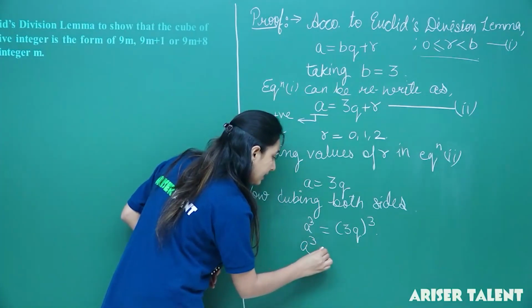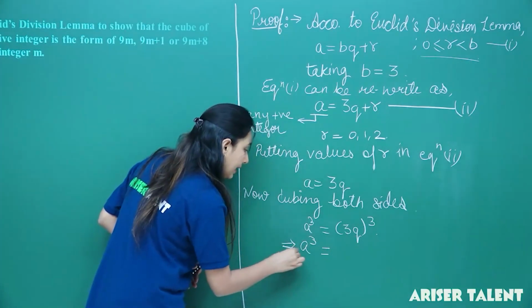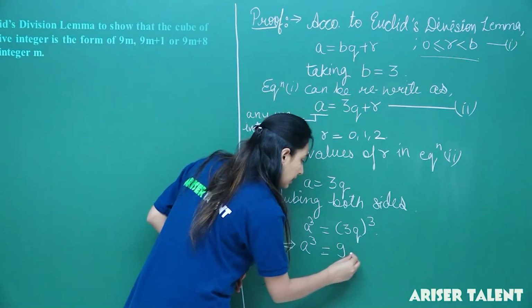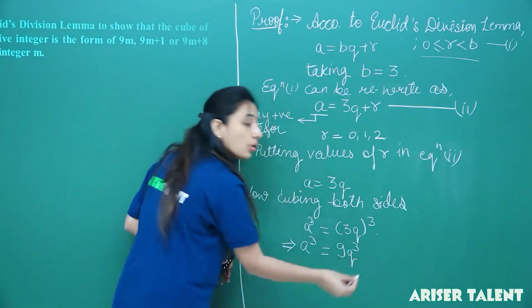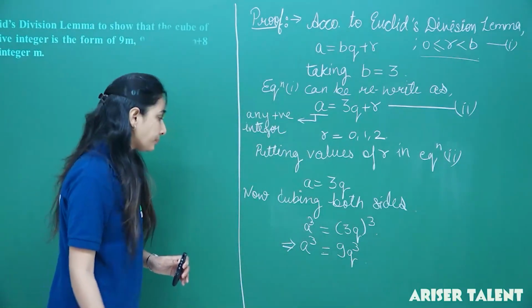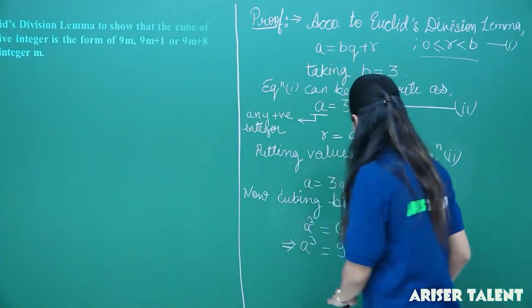It can be rewritten as, implies that a cube equals 27q cube. Okay. Now, look at this.